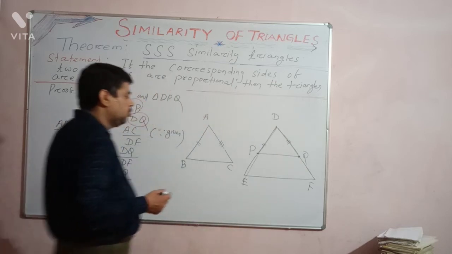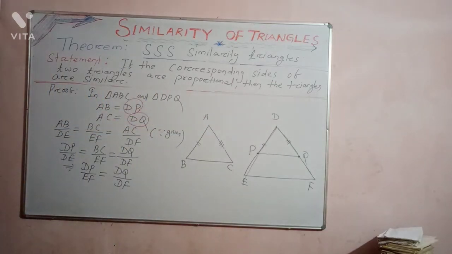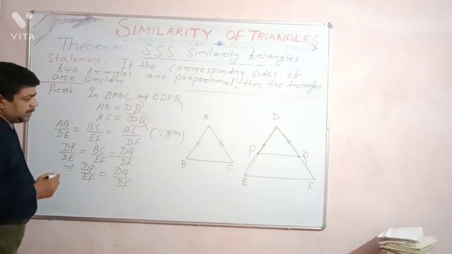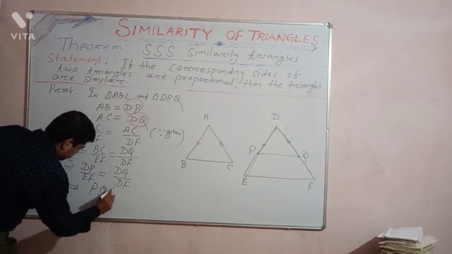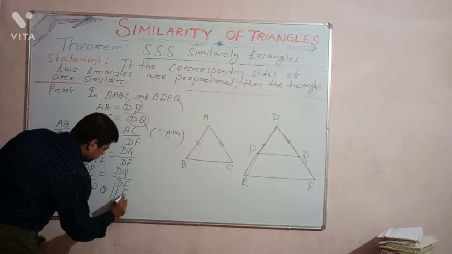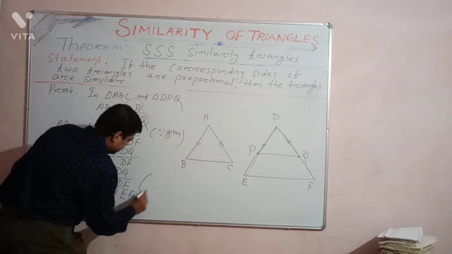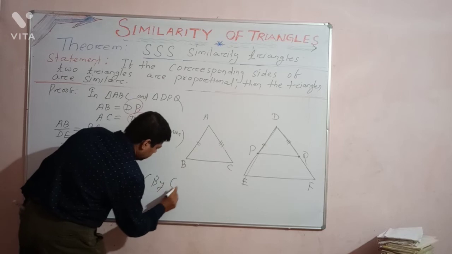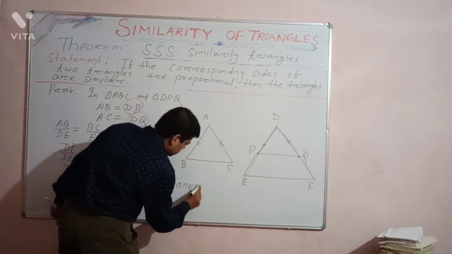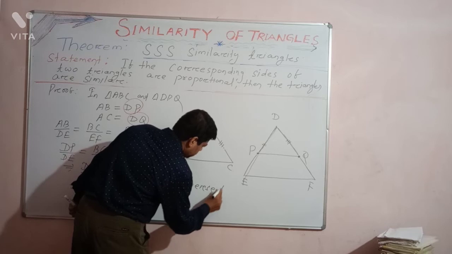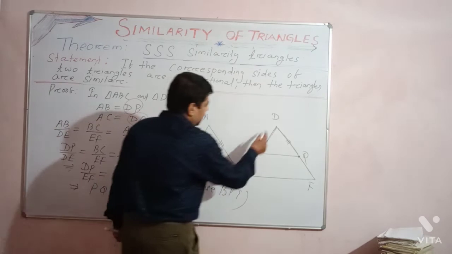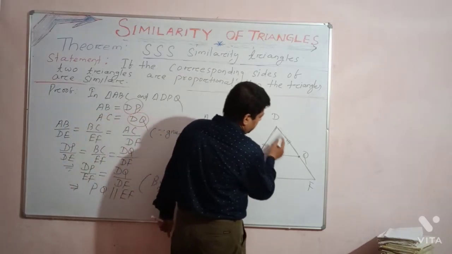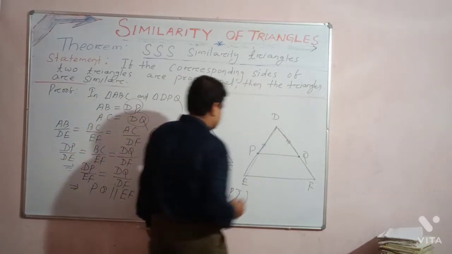So according to the converse of the basic proportionality theorem, can you prove PQ parallel to EF by the converse BPT, yes or no? If dP upon dE is equal to dQ upon dF, then PQ is parallel to EF.